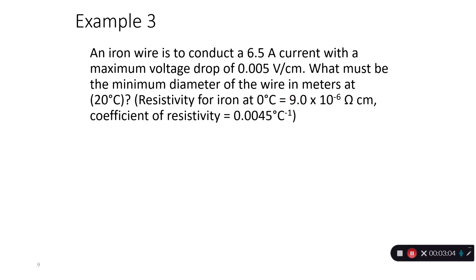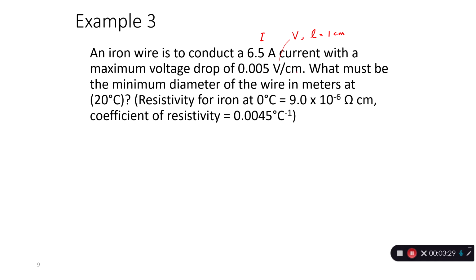Very straightforward. We have the current that we want to conduct. We have the voltage drop. Now we can take this as a voltage, and we can assume the length equals 1 centimeter. If the length of the wire is 1 centimeter, the voltage drop will be 0.005. That's what it means.